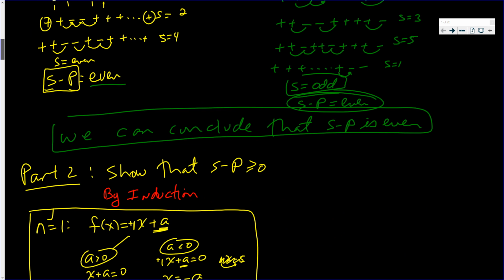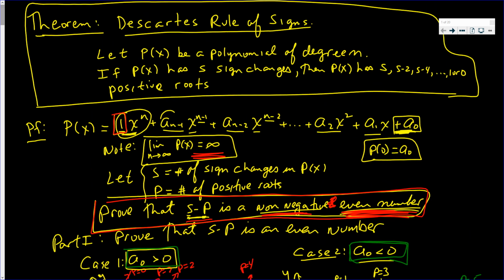Now, why was this sufficient to show? Well, I showed that s minus p is at least 0.